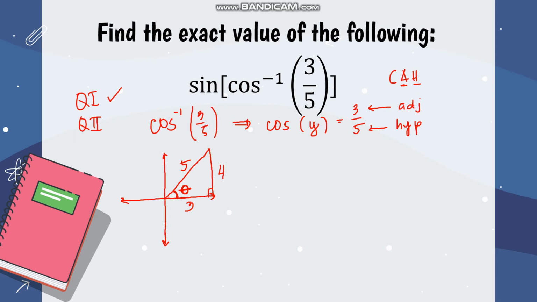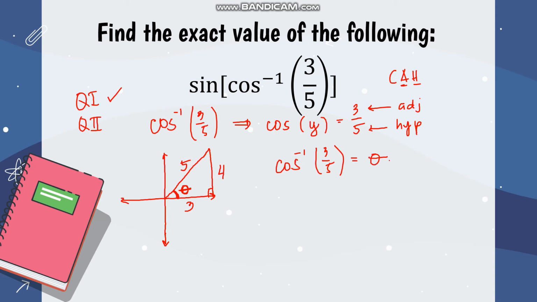What angle now will give us a cosine of 3 over 5? Since we have it here, we can say that angle theta gives us a cosine of 3 over 5. So instead of identifying the specific value of that angle, we can just write here inverse cosine 3 over 5 is the theta, because we're able to draw it here using the triangle.